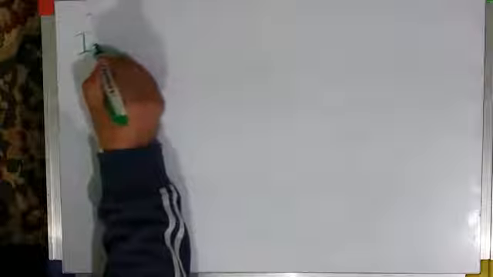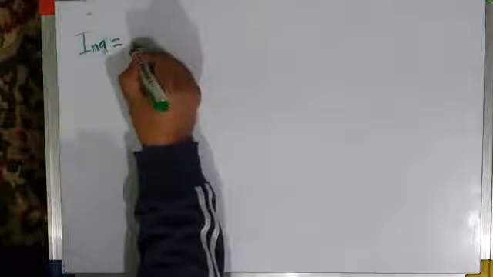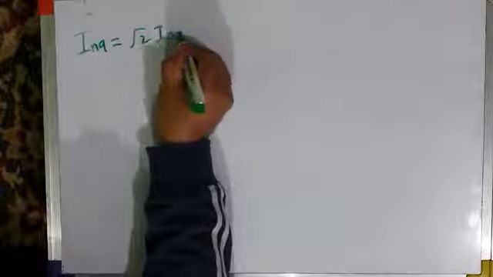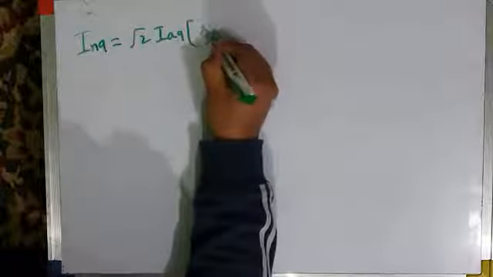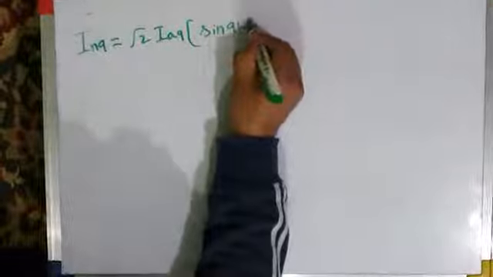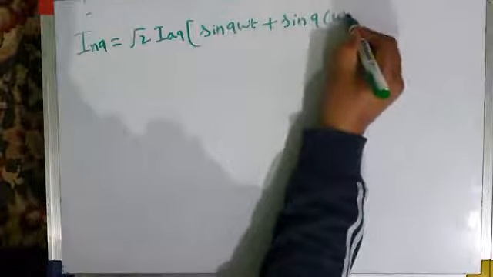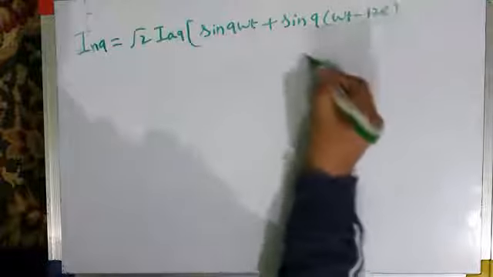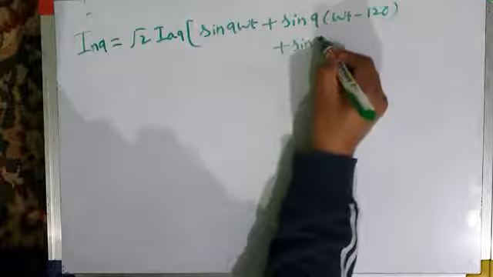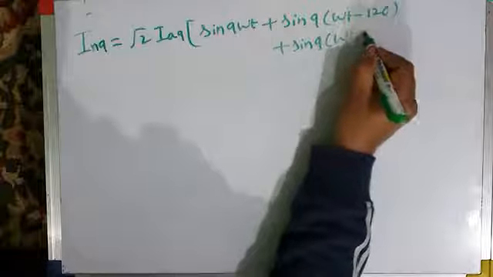Similarly, I can prove it for the next triplen harmonic. What is it? Ninth harmonic. I_N9, let us try to find that also. I_N9 is equal to root 2 I_A9 times sine 9 omega t plus sine 9 of omega t minus 120 degrees plus sine 9 of omega t plus 120 degrees.